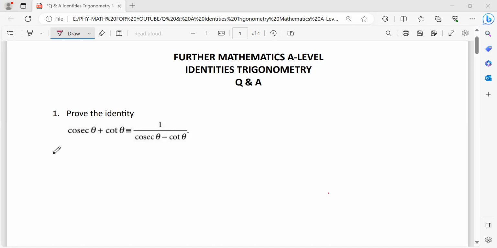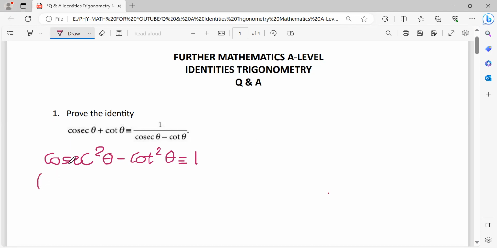This one: cosecant squared theta minus cotangent squared theta is equivalent to 1.